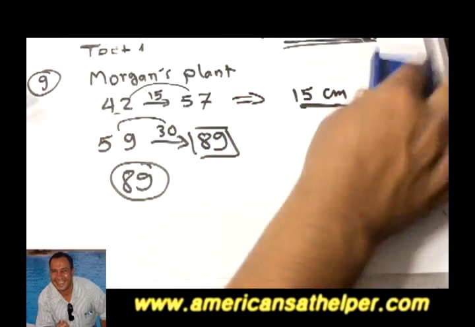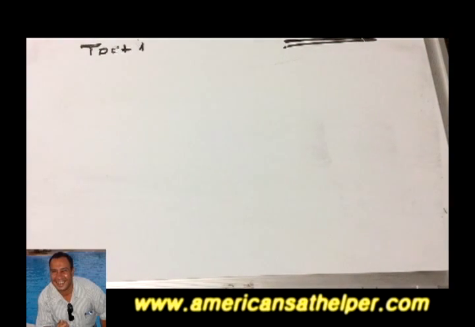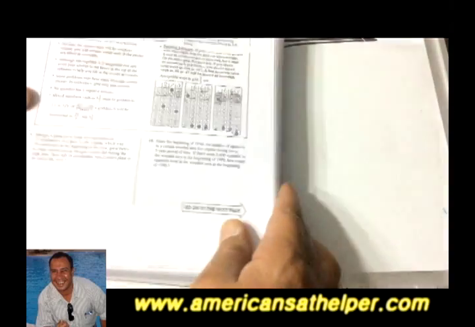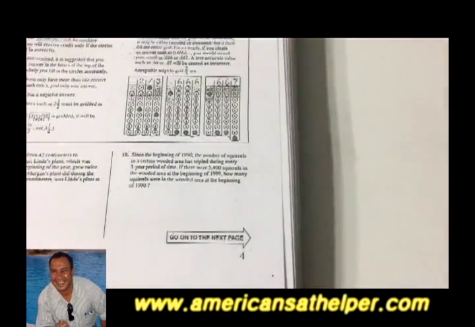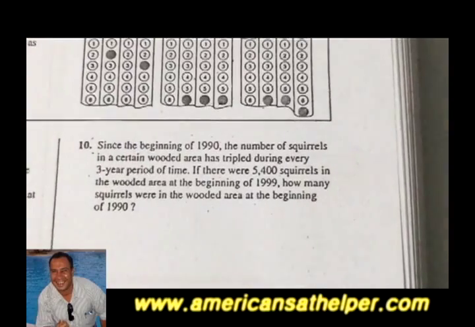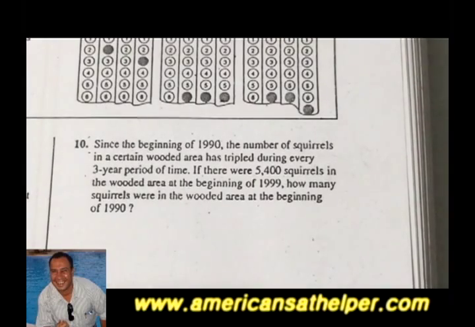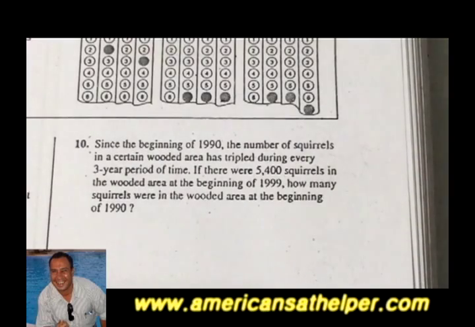Let's look at number 10. Since the beginning of 1990, the number of squirrels in a certain wooded area has tripled during every 3-year period of time.